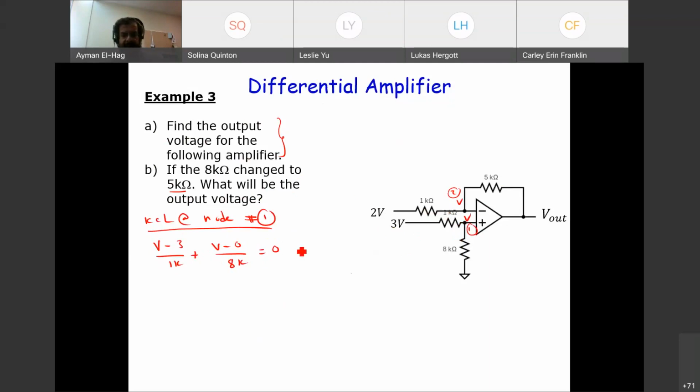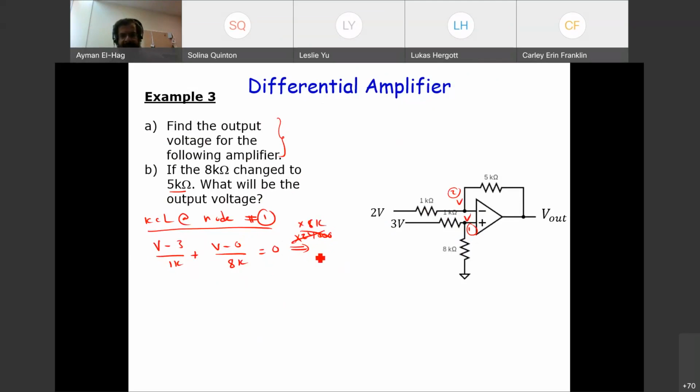Okay, so if you analyze this, let me multiply by, let's say, 24K. Oh, no need for 24K actually. Let's multiply by 8K only. 8K will be sufficient. So multiply by 8K.